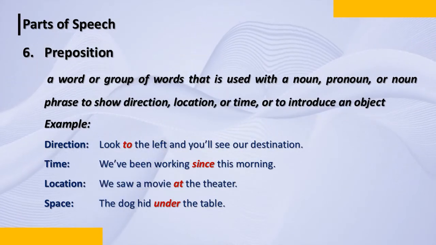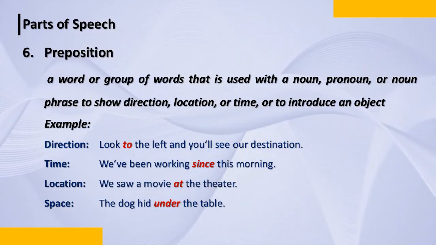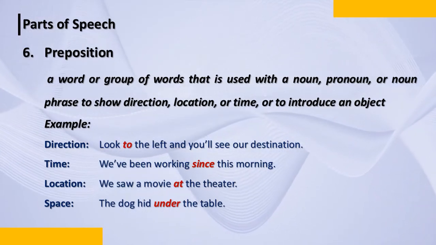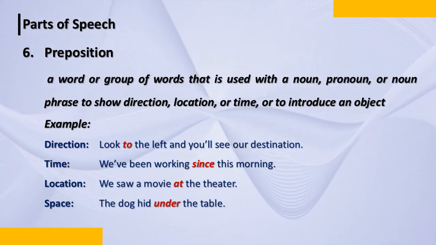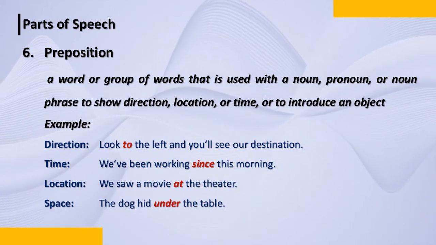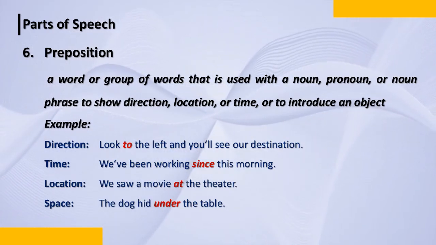Preposition: a word or group of words that is used with a noun, a pronoun, or a noun phrase to show direction, location, or time, or to introduce an object. Let's see the example. Look to the left and you will see our destination. Hey, look here to the left. I'm standing here and waving my hand.